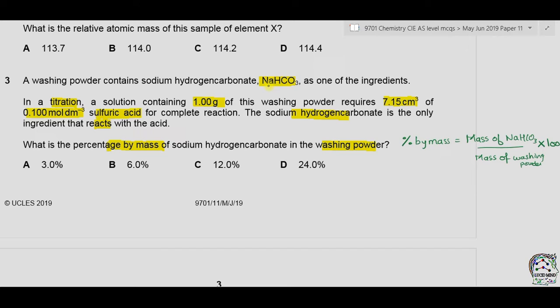Now what happens is that sodium hydrogen carbonate reacts with sulfuric acid in a complete chemical reaction. We can find the number of moles of sulfuric acid that is required. So we have the volume and we have the concentration in mole per decimeter cube.